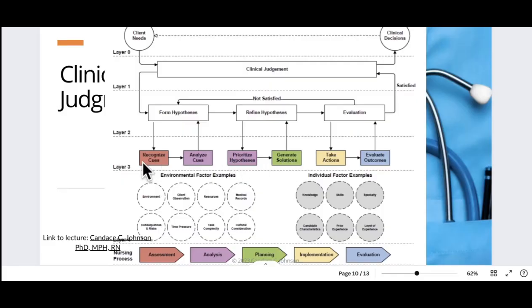I don't know if you noticed, but these colors map over the colors in the nursing process, which we're all trained on: assessment, diagnosis, or analysis for the sake of the NCSBN. They don't like to use the word diagnosis for RNs because they reserve that for nurse practitioners and physicians as healthcare providers who will diagnose.